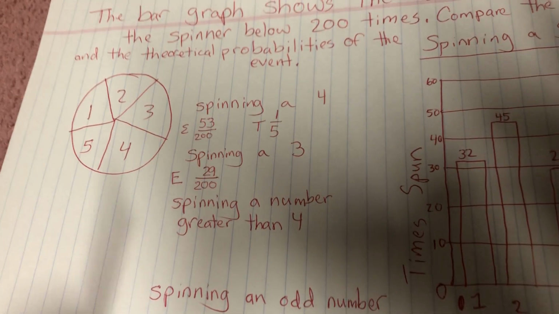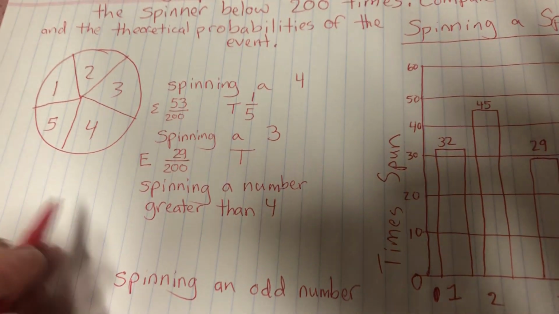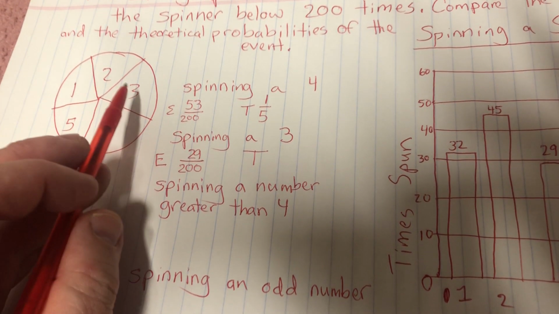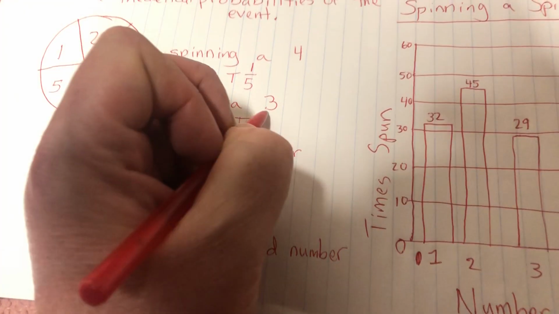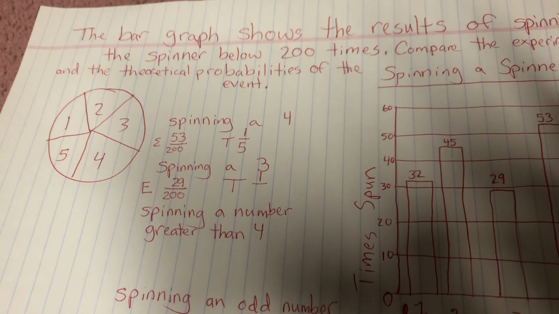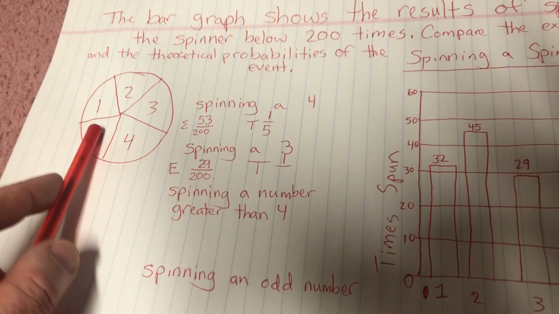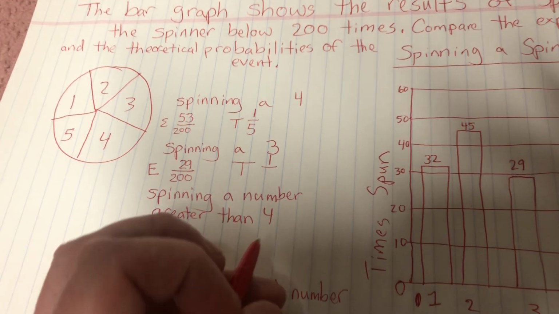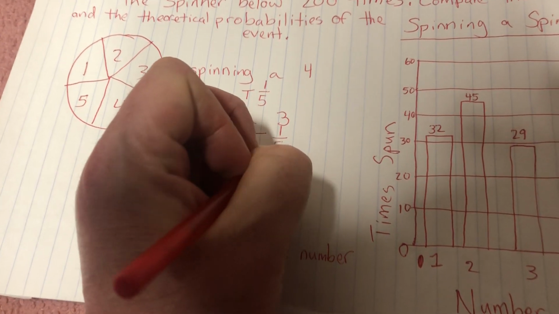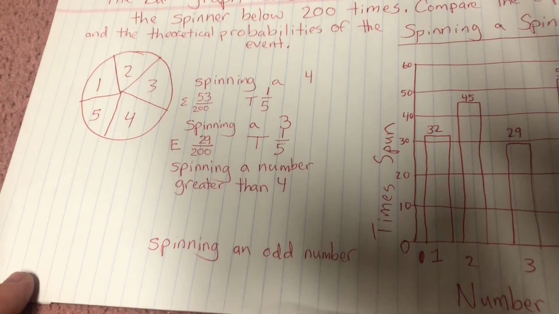Once again, for my theoretical probability, there's only 1 3 on the spinner. So there's only one favorable outcome. That's spinning a 3. The total number of possible outcomes are 5. And so once again, it's 1 over 5.